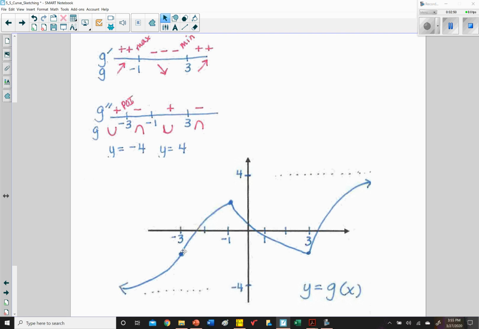We're increasing, have a point of inflection at negative 3, then continuing to increase until we get to negative 1 where there's a relative max, and then we begin to decrease, but we're concave up in this section. We have a min over here at 3, and then again concave down until we get to 4 as the extreme at the other end. Okay?